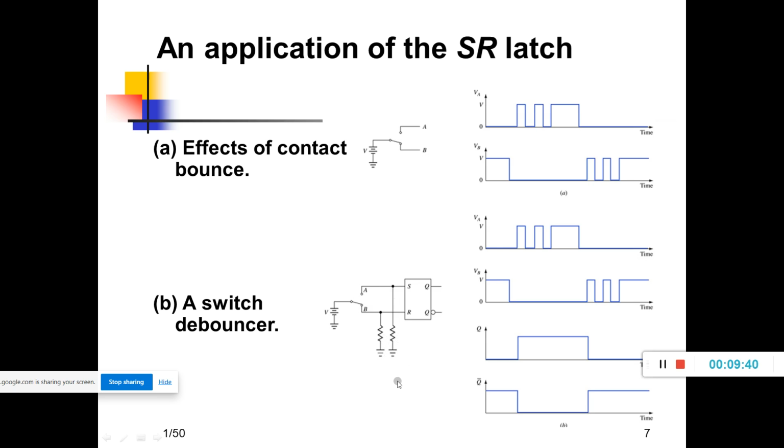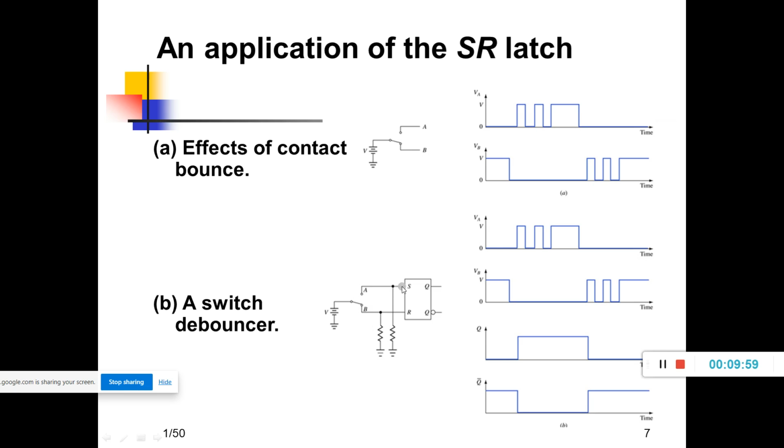So when the center contact moves from the lower position to its upper position, the SR latch remains in its reset state until the center contact reaches terminal A, at which time the Q output of the SR latch becomes 1.